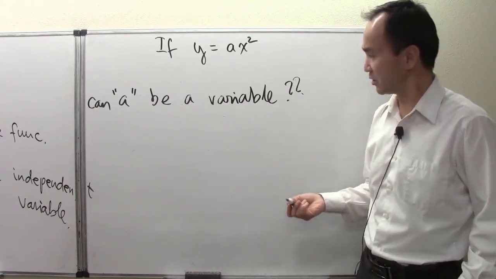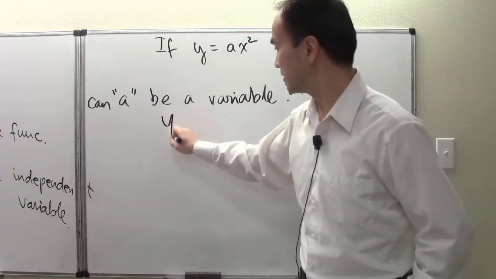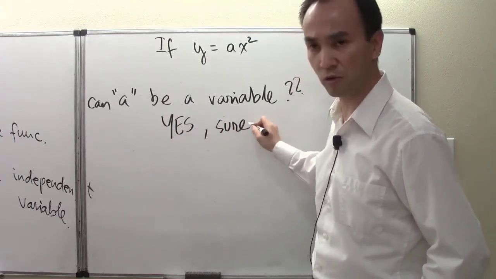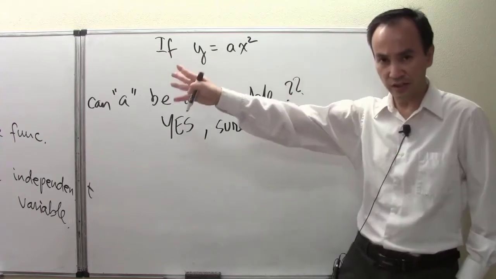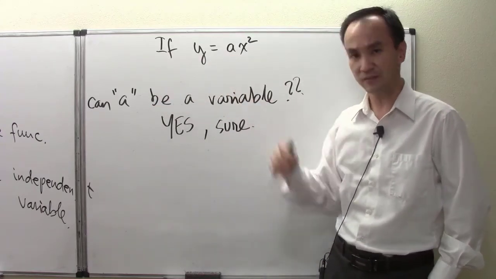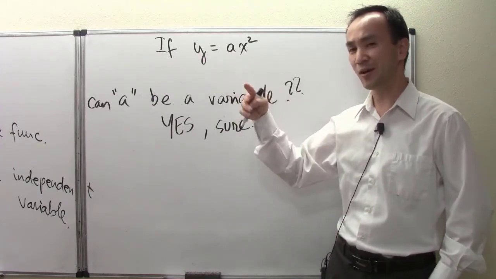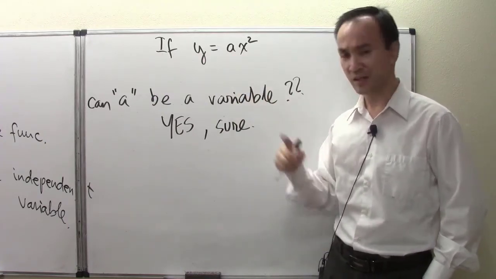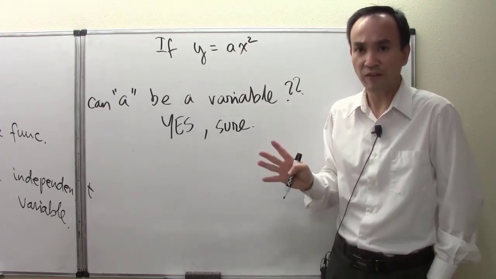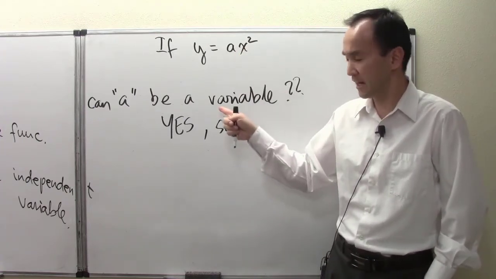If we can target a, now I'm going to say the answer is yes, sure. A can be a variable, because clearly, just earlier I was pointing out, we can assign a to be a coefficient 5. We can assign a to be a coefficient -10. We can assign a to be pi. We can just give any value to a. So in the end, a can be another variable.